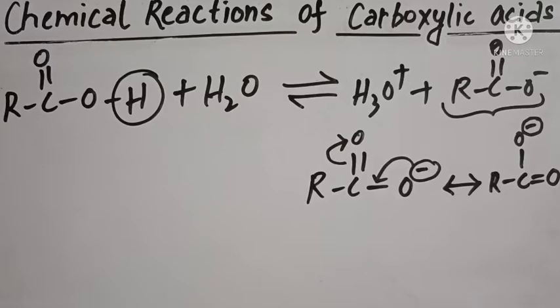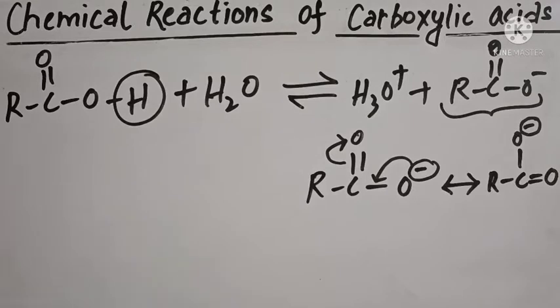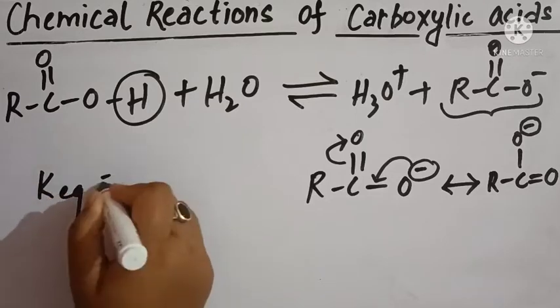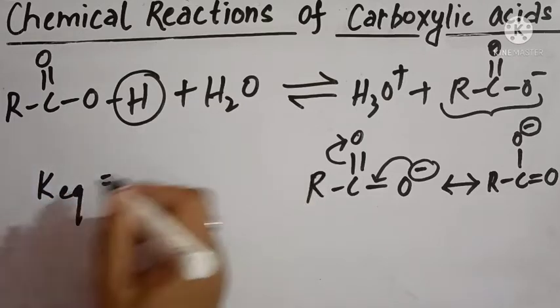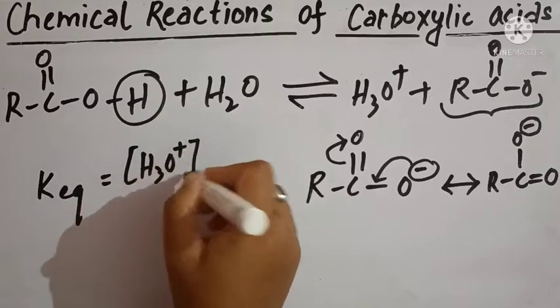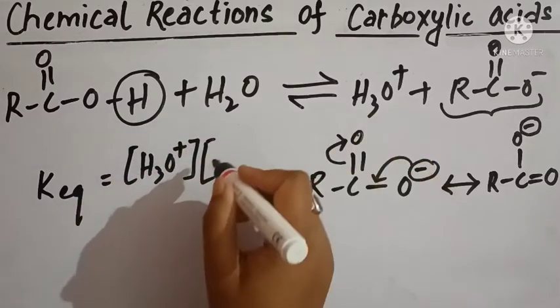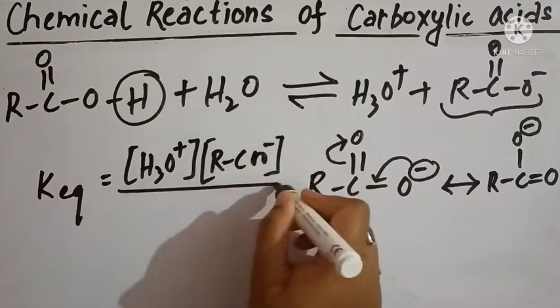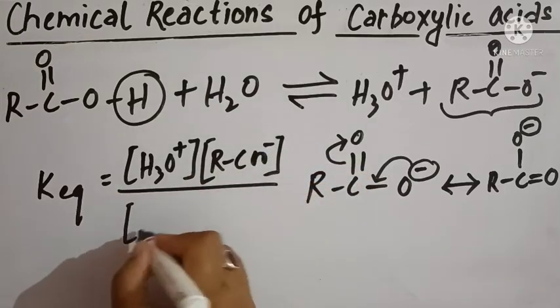Okay, so if we talk about the acidic nature in water, as this reaction is in equilibrium, if I write the equilibrium constant for this reversible reaction, it will be the concentration of the products by the concentration of the reactants.